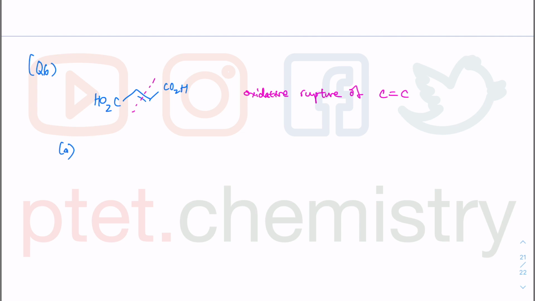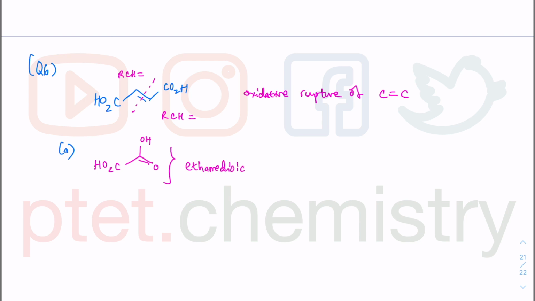Alright, so this is going to give you HO2C, and then this is an R-CH double bond. This is an R-CH double bond because there's a H, and then there's an R group, and there's a carbon double bond. So it will be oxidized to give you that and that. So basically this is ethanedioic acid.